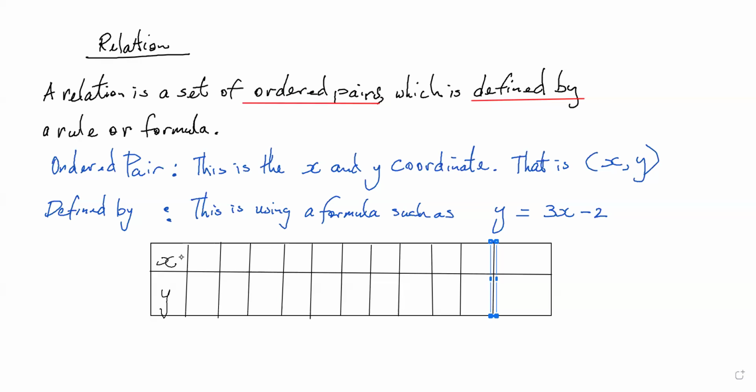So you're going to add these. So we're starting with -4, -3, -2, -1, 0, 1, 2, 3, 4, and 5.